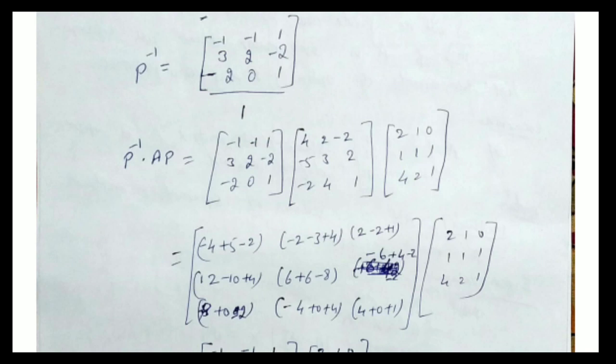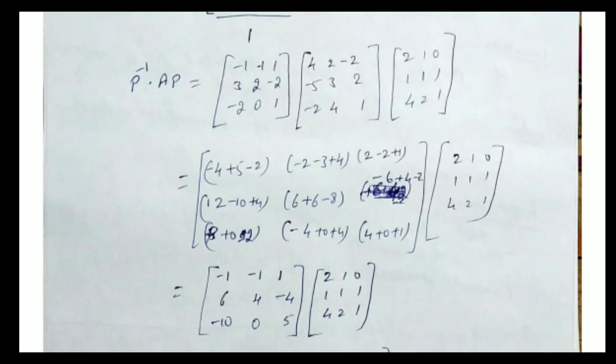The multiplication can be done by multiplying the first row with the first column element to get the first element of the first row. Similarly, the first row is multiplied with the second column element to get the second element of the first row, and like this you continue with all the multiplication to get the elements of P inverse A, as shown here.